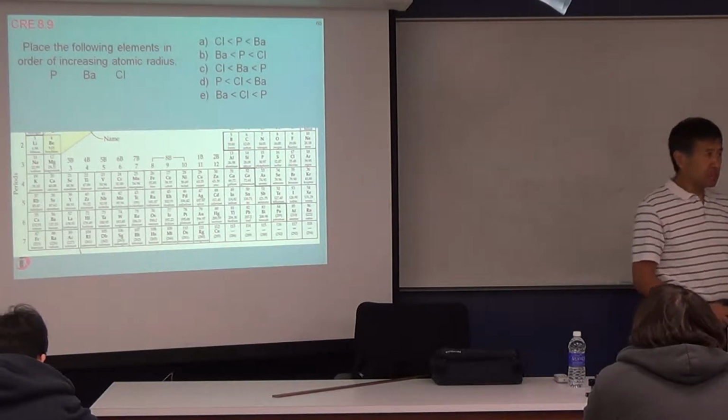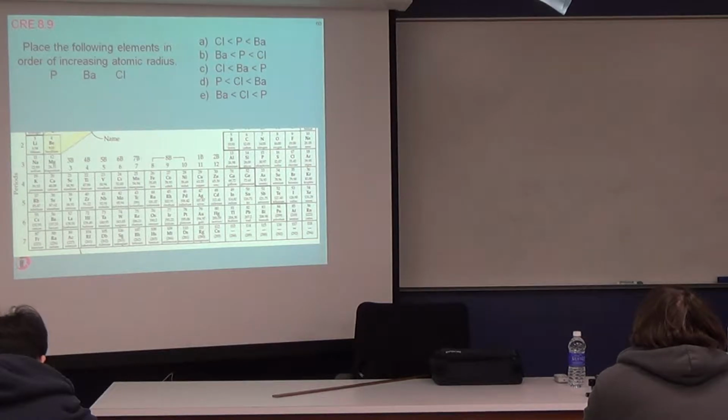What do you think of this? Similarly, you want to put these 3 atoms in order of increasing atomic radius, which means starting from something smaller. The small ones will be on the up and right side corners. So fluorine is the smallest one.